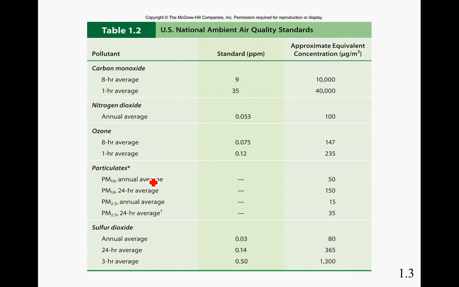Alright, at the top of this chart you see the word ambient. Ambient means that that's the air that we breathe around us. This chart indicates the amount of pollutant that is acceptable for a time frame. So if we look at carbon monoxide, notice that there's two time frames. There's an 8-hour and a 1-hour.